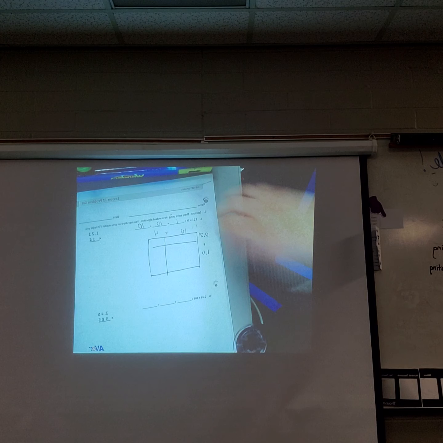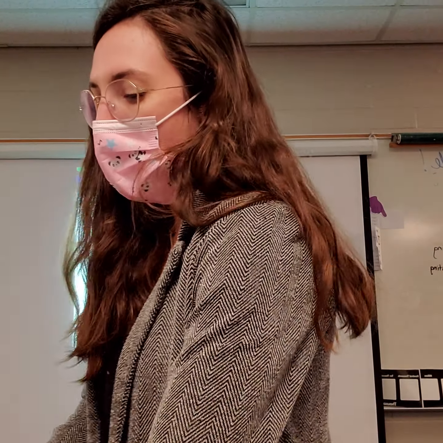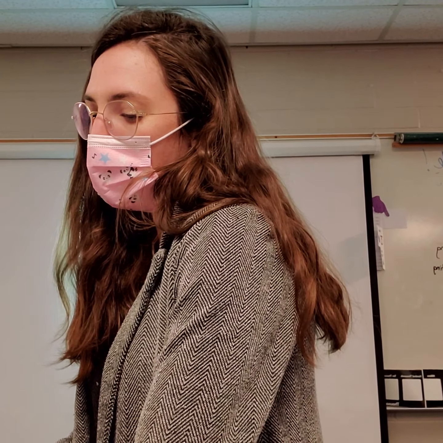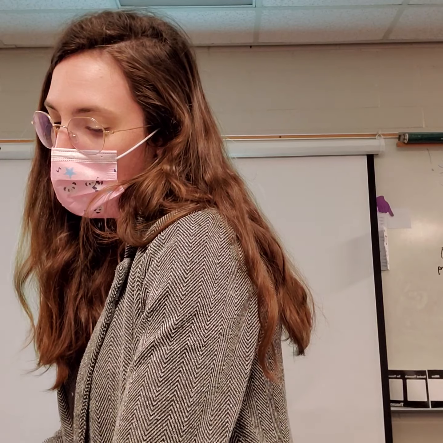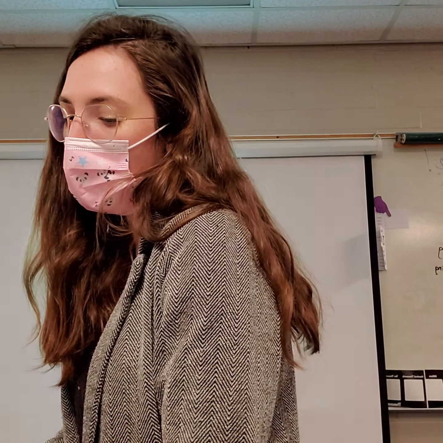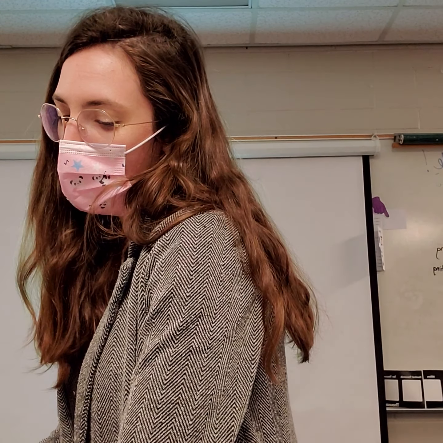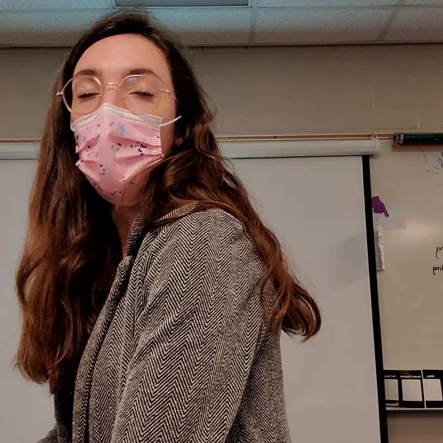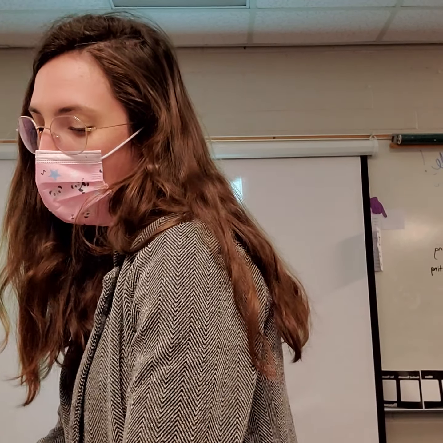So now we're going to go ahead with our standard algorithm. This is where we multiply our 2 bottom digits by each place value on top. Adding your place value holder before you go to your second digit. Adding.